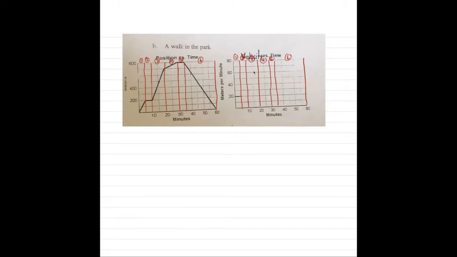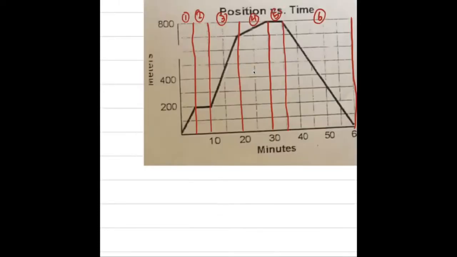But we can verify. So we can come here to this block. We have the rise over the run. It looks like our rise is 200. And it's 200 meters. And the run is 5 minutes.